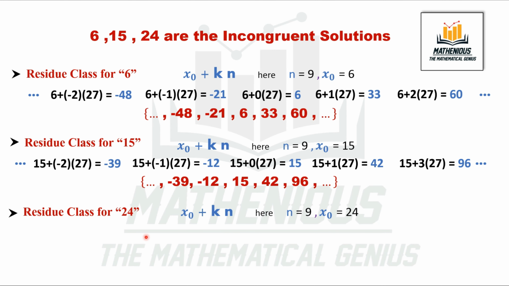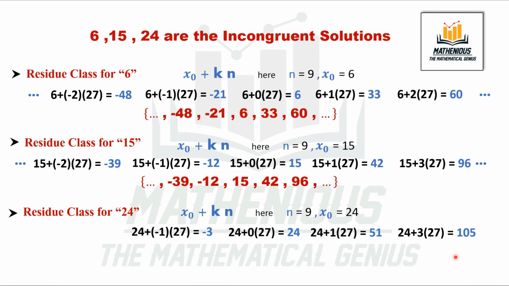Put k equal to 0, we have 24. Put k equal to 1, we have 51. If we put k equal to minus 1, we have minus 3. If k is equal to 3, we have 105, and if k is equal to minus 2, we get minus 30, and so on on both sides.